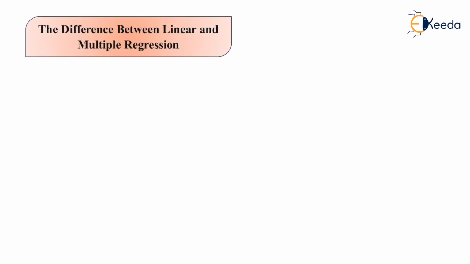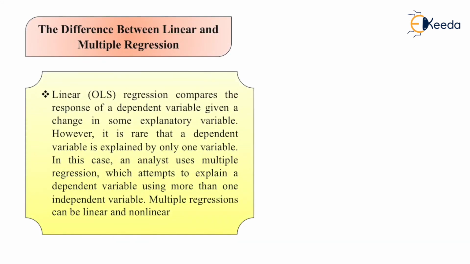The difference between linear and multiple linear regression: see, the linear regression compares the response of a dependent variable given a change in some explanatory variable. However, it is rare that a dependent variable is explained by only one variable. In this case, an analyst uses multiple regression, which attempts to explain the dependent variable using more than one independent variable.